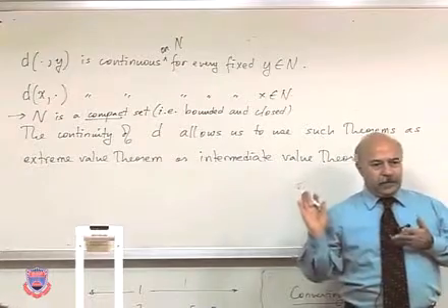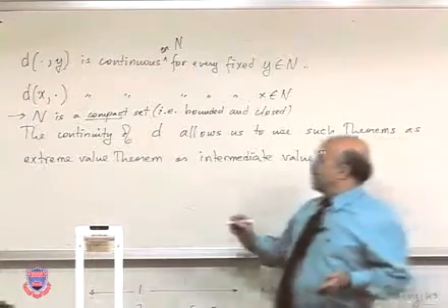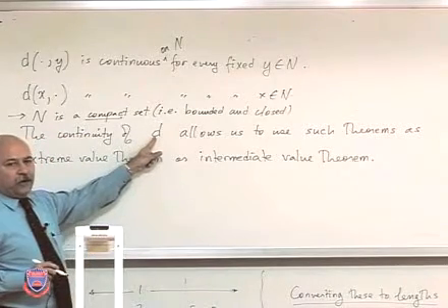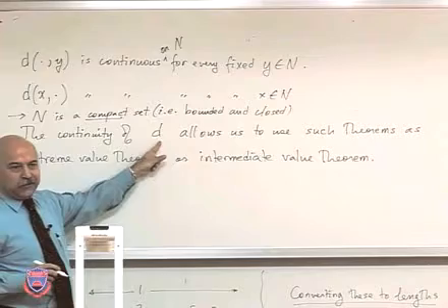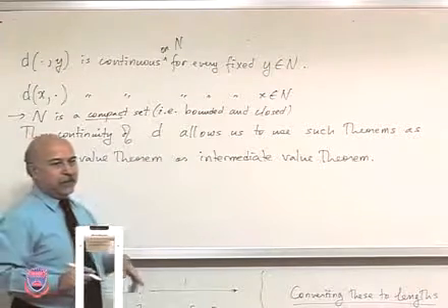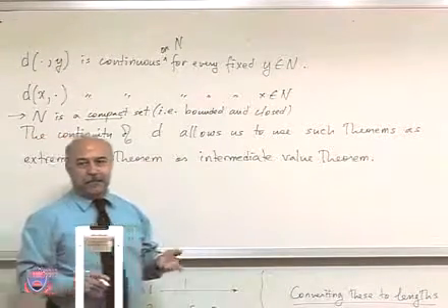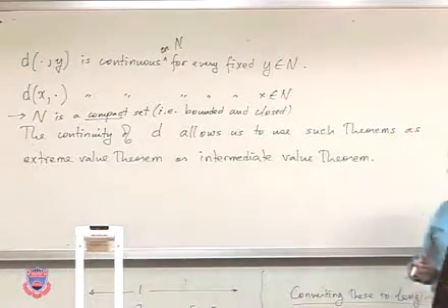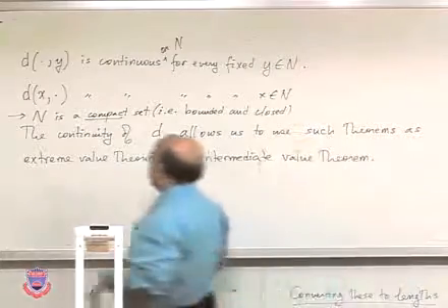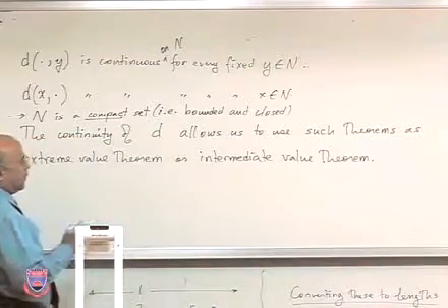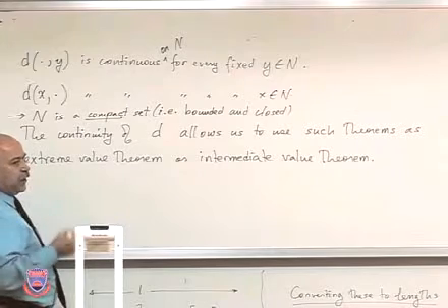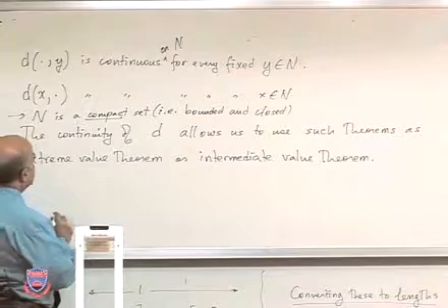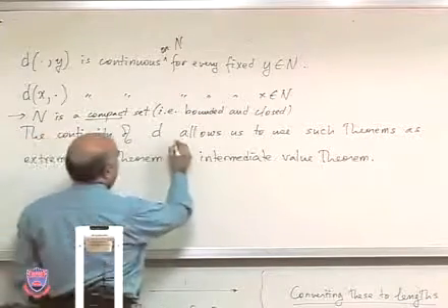If you have a compact set and a continuous function, then the existence of a minimum is guaranteed. Otherwise, without those theorems, you wouldn't have that. Okay? These may look like mathematical subtleties, but we're going to use them either intuitively or, if we need to, sometimes rigorously. The continuity of D and the compactness of N.